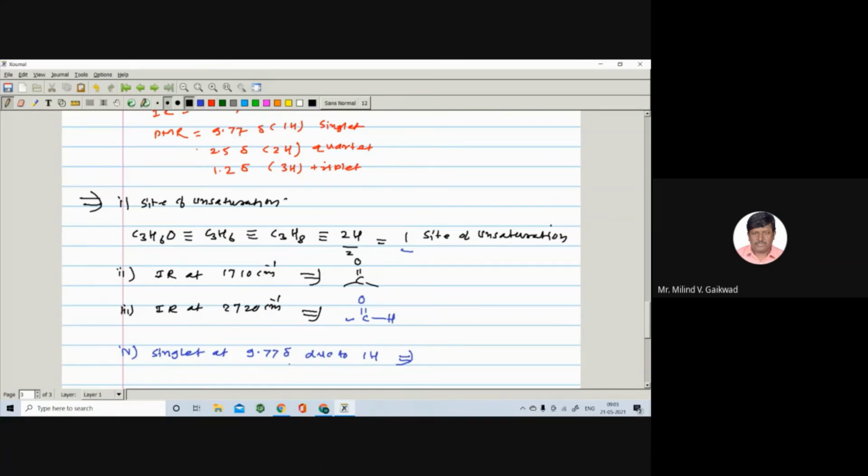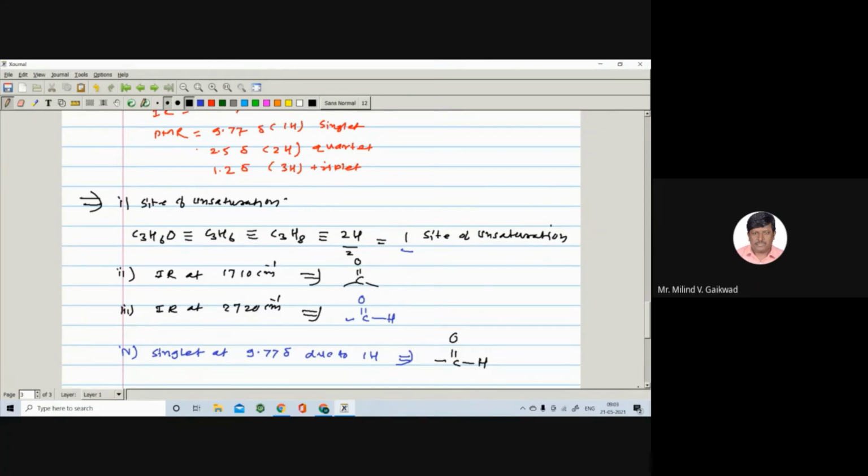Look here, singlet at 9 means maybe aldehyde, and due to one hydrogen means there is a hydrogen which is directly attached to the CO group. So presence of aldehyde. All this above data indicates it has the aldehyde.